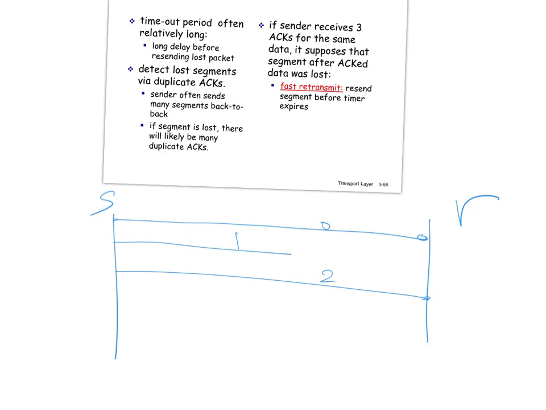Okay, if it's within the 500 milliseconds, then here I can send acknowledgement 1. So here I can send acknowledgement 1 as well, right? So this is called the first duplicate ACK.